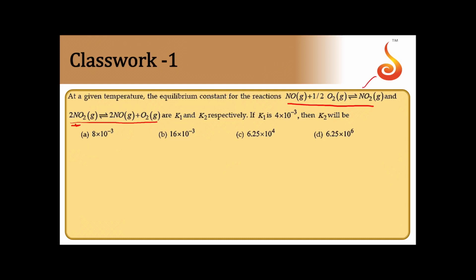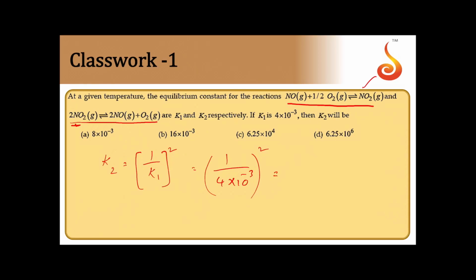Therefore, the new equilibrium constant will be the inverse of the first equilibrium constant, squared because of multiplication by 2. So K2 will be equal to 1 by K1 squared, which is 1 by the value of K1, 4 into 10 to the power of minus 3, the whole squared.